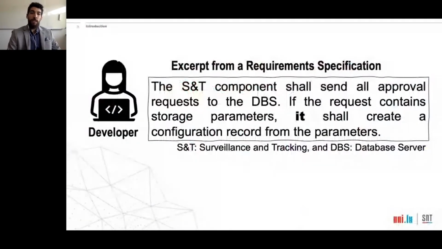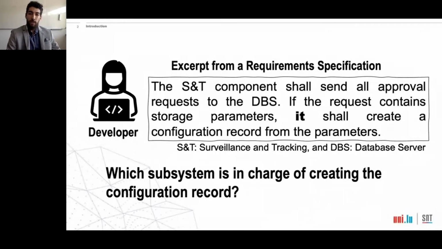First, I will start by reading this requirement specification excerpt from a developer's point of view. The SNT component shall send all approval requests to the DBS. If the request contains storage parameters, it shall create a configuration record from the parameters. In this paragraph, to know what to implement, the developer must know which subsystem should create the configuration record. We define antecedents as the preceding entities that the pronoun refers to.